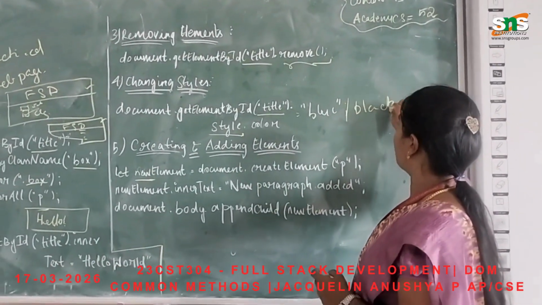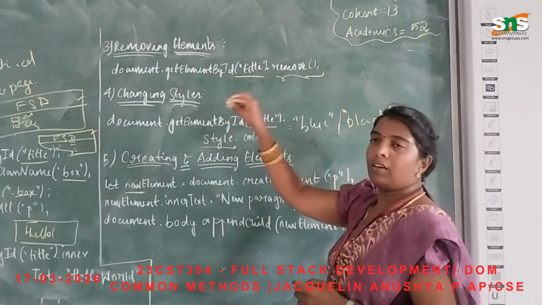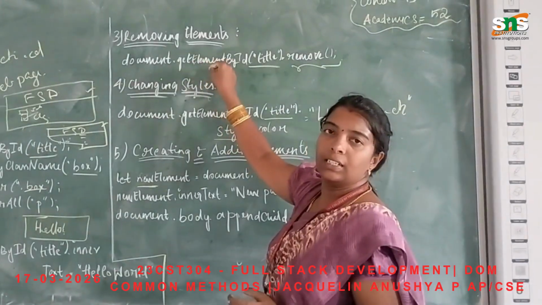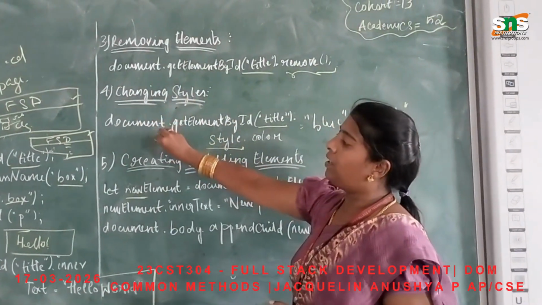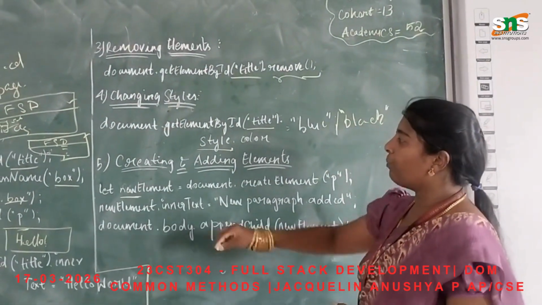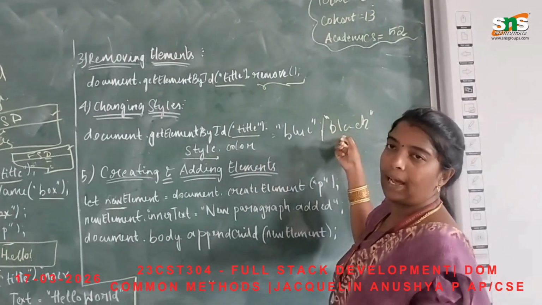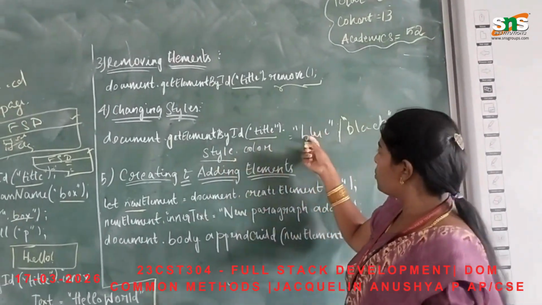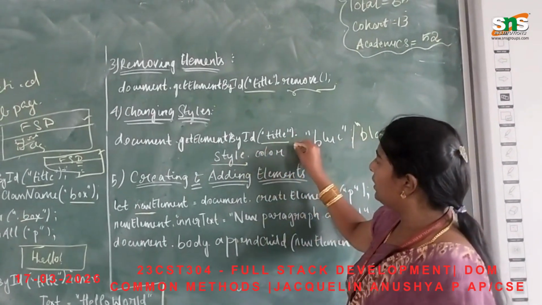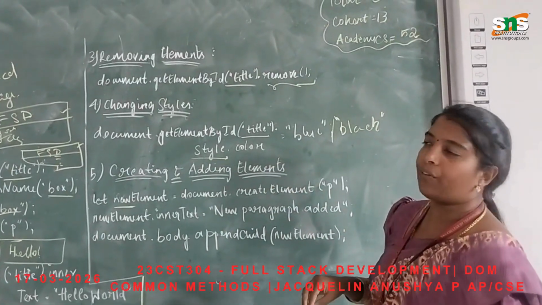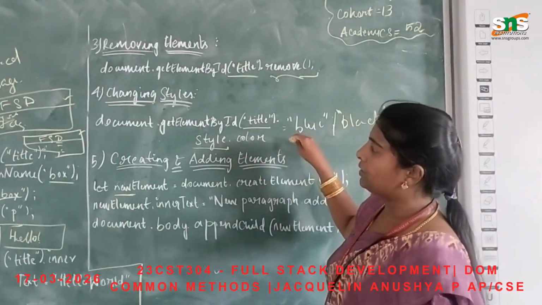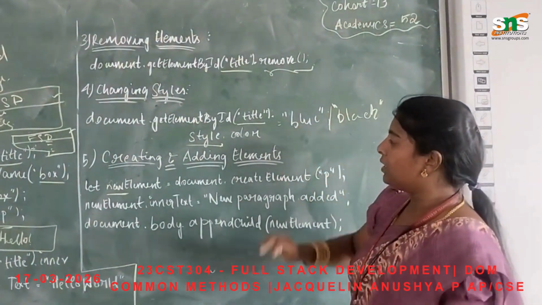Whatever color it may be, I can give it by changing the styles, with the syntax document.getElementById, blue or black. This chooses the color. I am giving the style color at the end of it. By changing the syntax, I can change the styles.